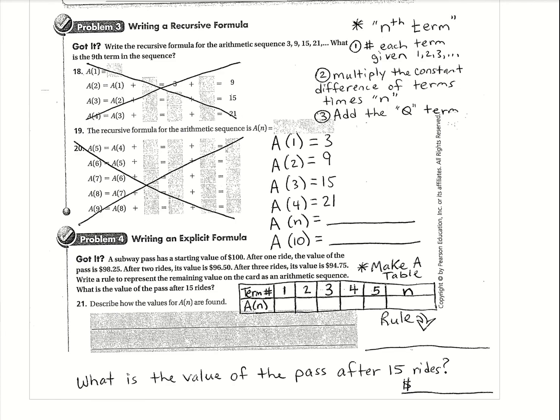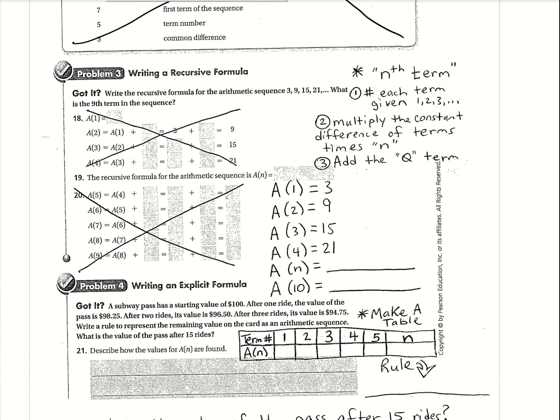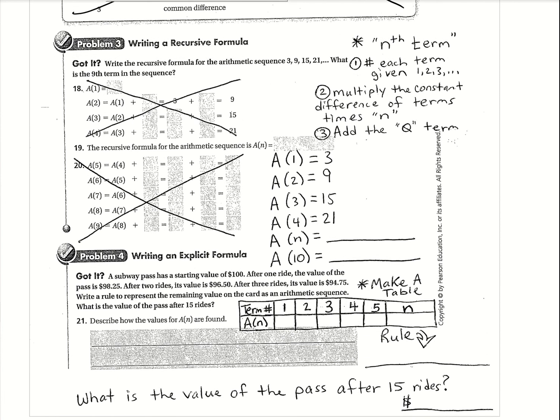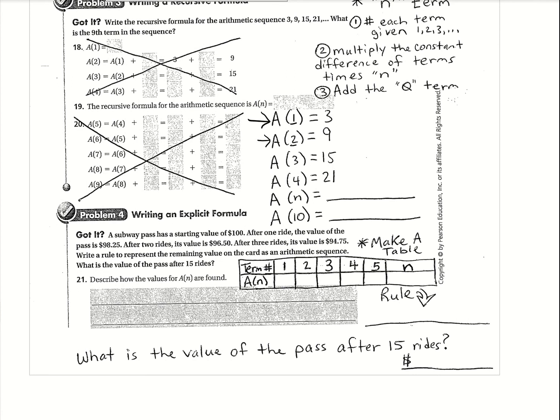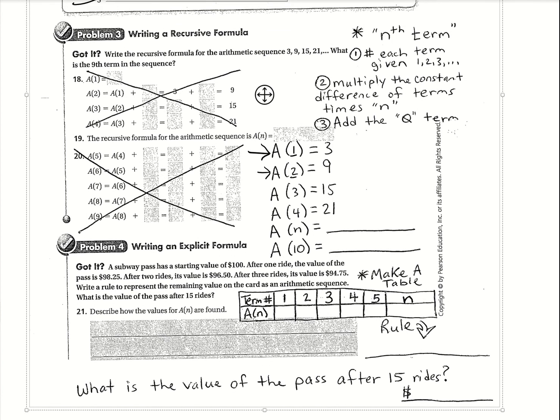Now we're going to look at writing nth terms. For nth terms, your first step is to give each term a sequential number. For this one, 3 would be the first term, 9 would be the second term, and those are listed right here for you. Step 2 is to multiply the constant difference of terms times n.